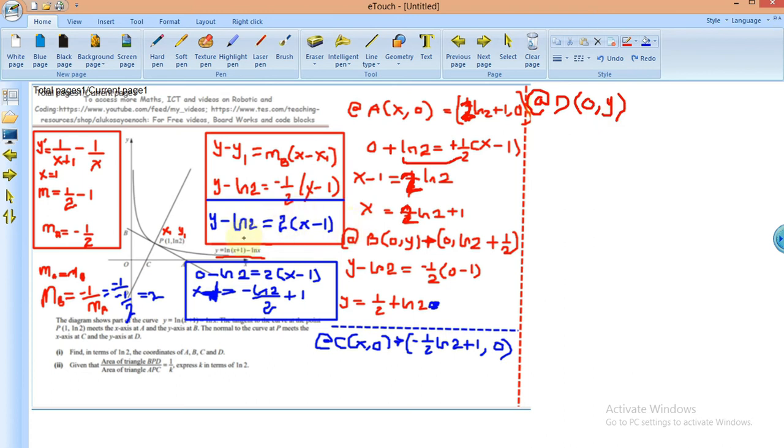So I have y minus y1, which is ln 2, minus ln 2, equals 2. Don't forget we are working with the blue equation. So into x, this is when x equals 0, so 0 minus 1.